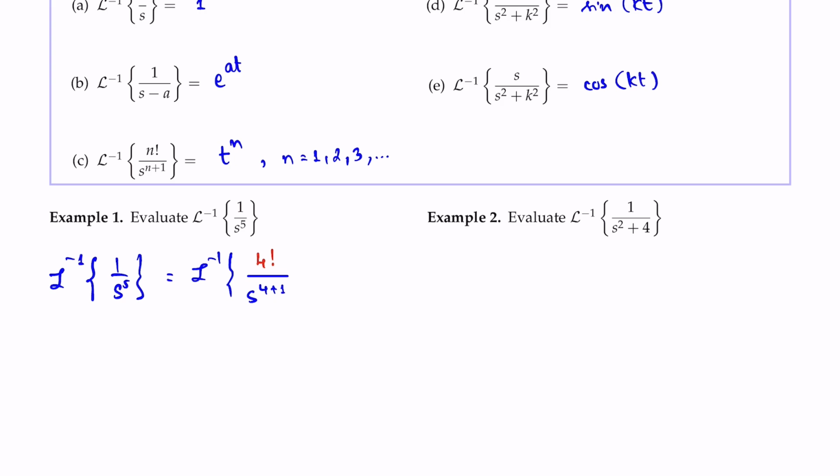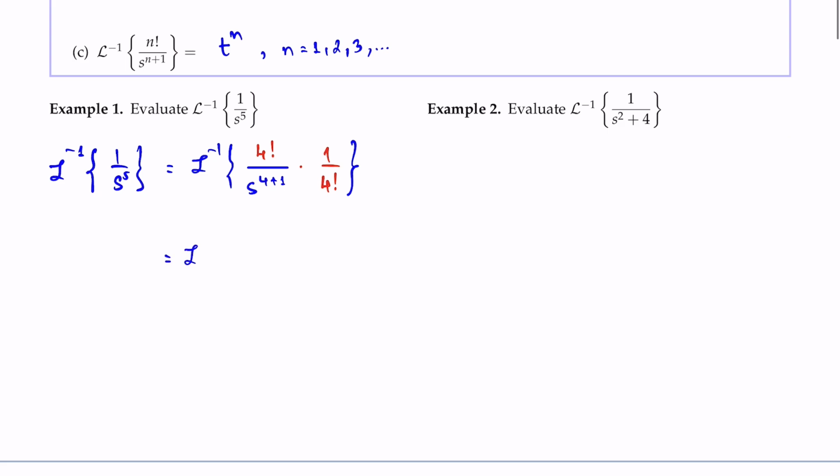You multiply by 4 factorial, but at the same time divide by 4 factorial. Then you can pull 1 over 4 factorial out of the inverse Laplace transform operation to get the inverse Laplace transform of 4 factorial over s to the power of 4 plus 1 times 1 over 4 factorial. For this inverse Laplace transform right here, this is t to the power n.